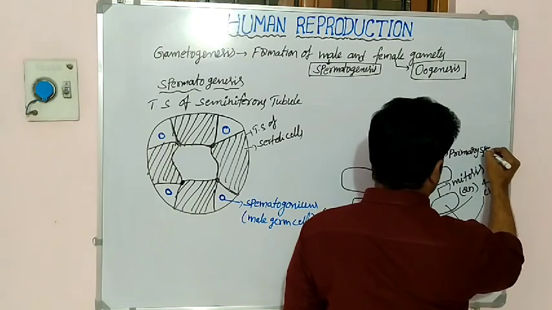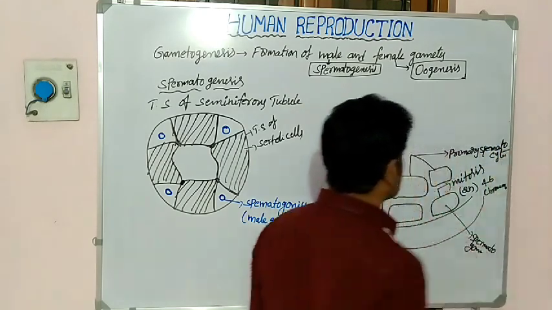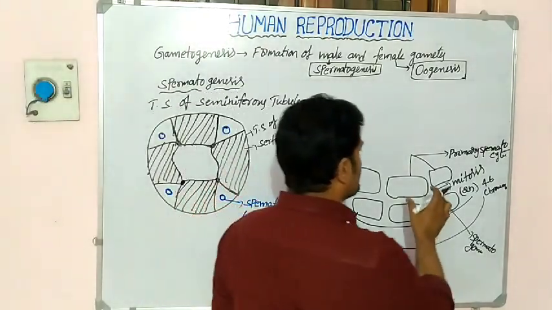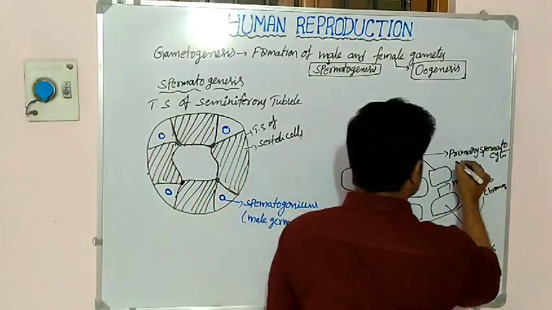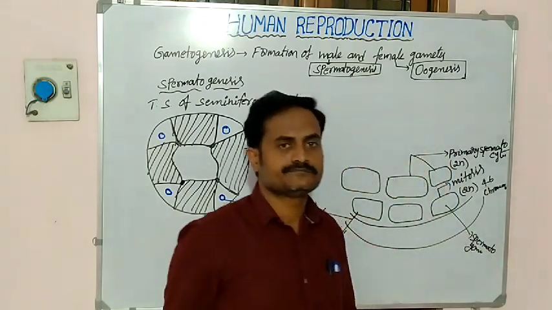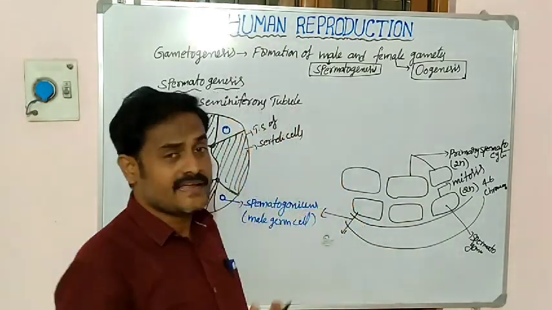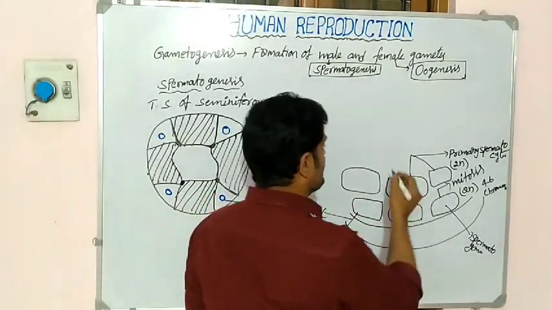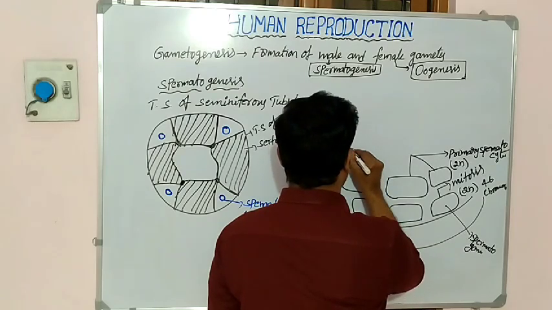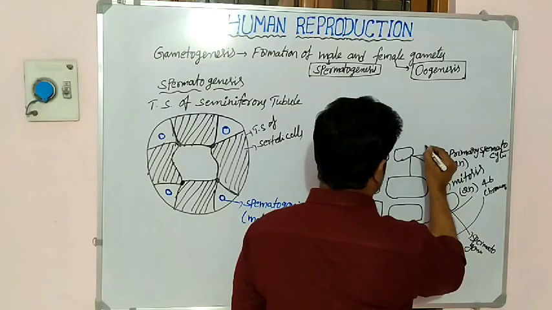Primary spermatocyte. So, these cells are called primary spermatocytes. These primary spermatocytes are also in the 2n condition. Then, these spermatocytes again participate in meiosis. Already you know very well, meiosis is not a single process.